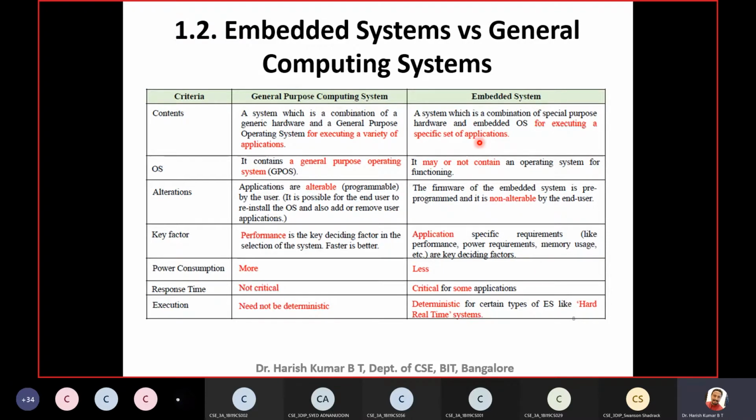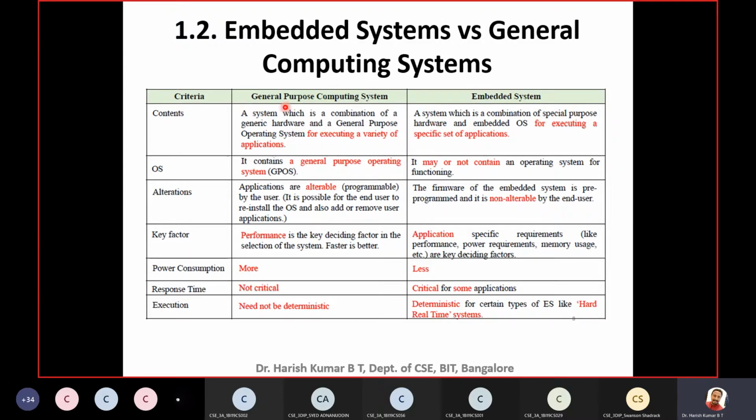You cannot have a wide range of applications. Sometimes an embedded system will be designed to perform only a specific type of application, and sometimes a set of applications, but not in general. So they have special purpose hardware.